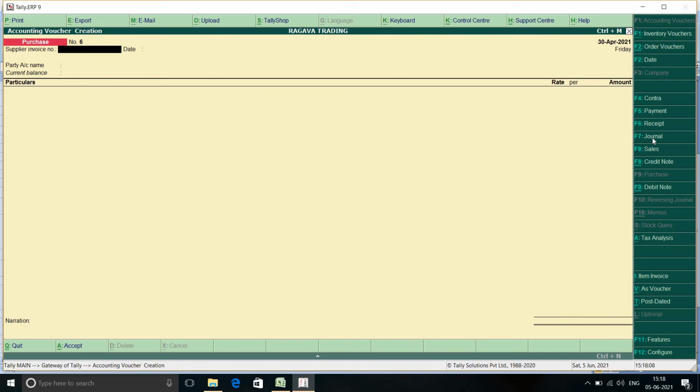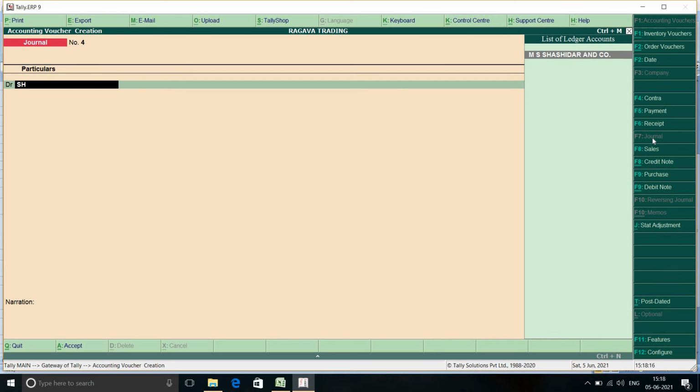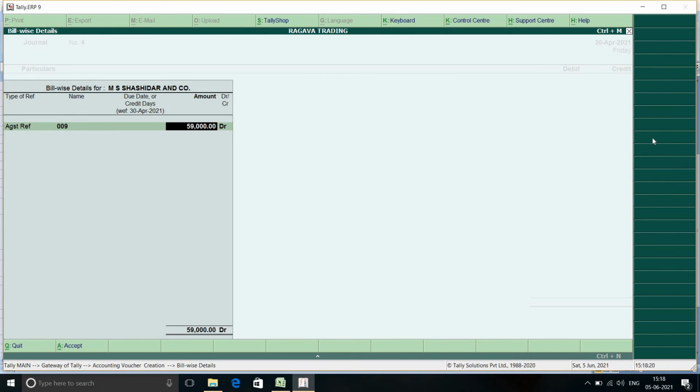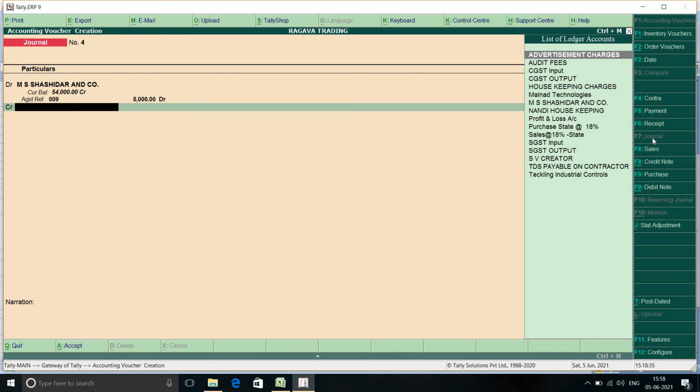Now I am passing one journal entry. Debit MS Shashidhara and Company for 50,000. How much are we going to deduct? 194J for professional service, 10%. 5,000 TDS I have to deduct.